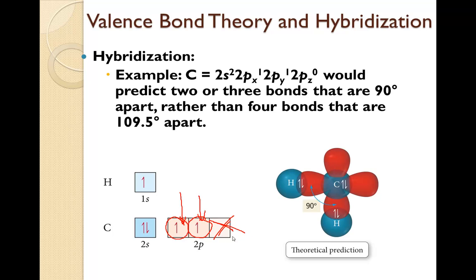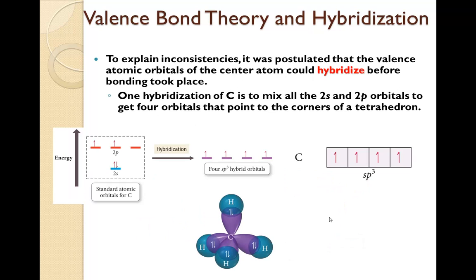So there is no overlap. So in theory, we would only have 2 bonds. But what's actually happening is we're forming 4 bonds. So we needed an explanation as to why that occurs. And the explanation is that it's hybridized.